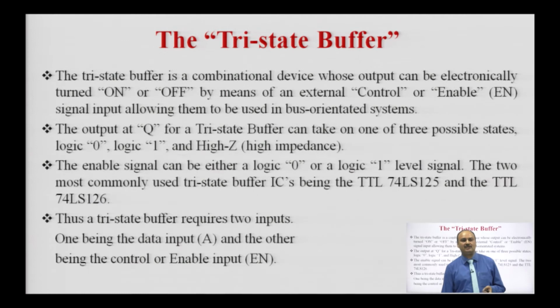Commonly used tri-state buffers are the TTL ICs 74LS125 and 74LS126. The tri-state buffer requires 2 inputs, one being the data input, that is input A, and the other the control or enable input, that is the enable signal.